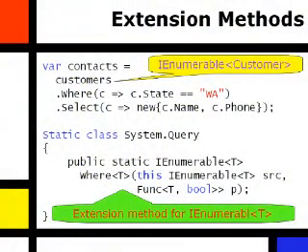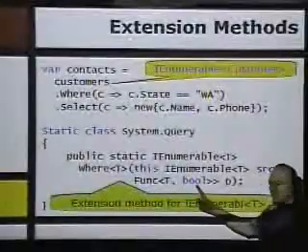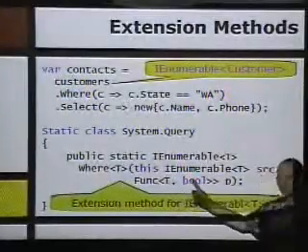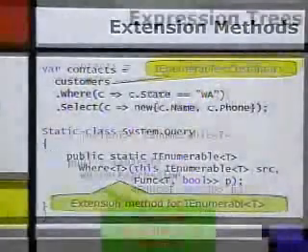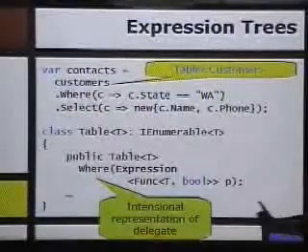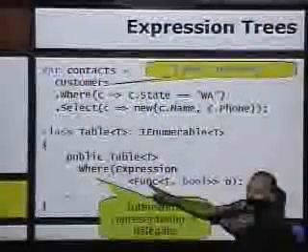The where method now, instead of taking a function, and I should say that func of T, bool is a generic delegate type that takes a T and returns a bool. So this is our way to write structural types by just using generics. But look at this: in this case, it says Expression of Func.